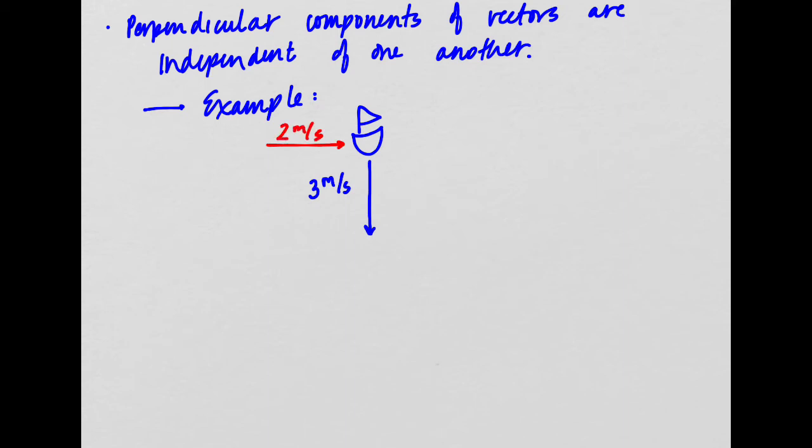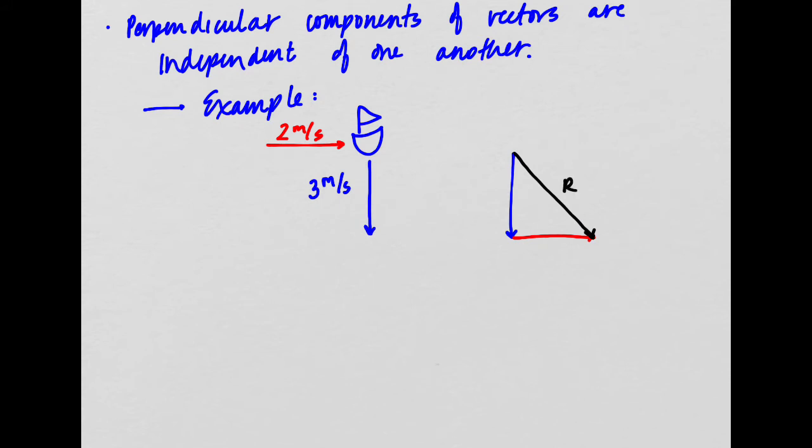If I draw my resultant here, I would have something like this. This would be the direction that the boat is going in.